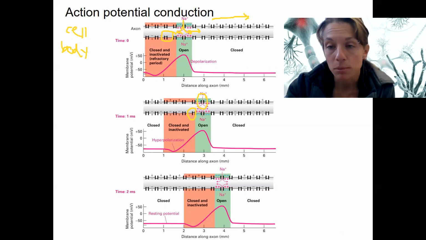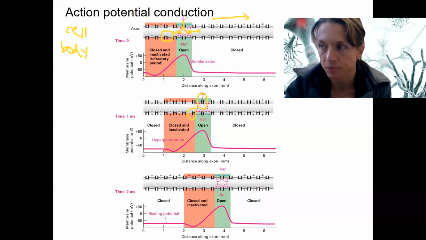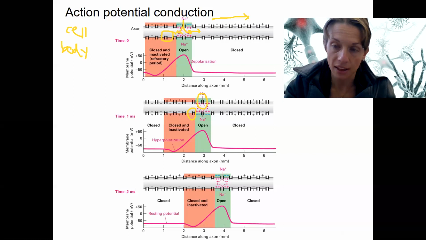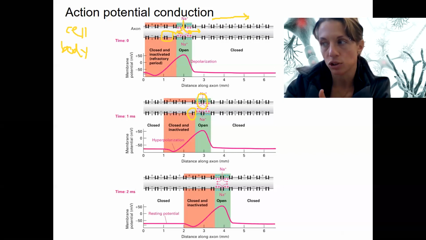That inability of them to reopen when they're inactivated, you can't open something that's inactivated, ensures that action potentials only conduct in one direction, from that initial axon segment by the cell body, the axon hillock, all the way down to the axon terminal. So it's a kind of a downstream way.